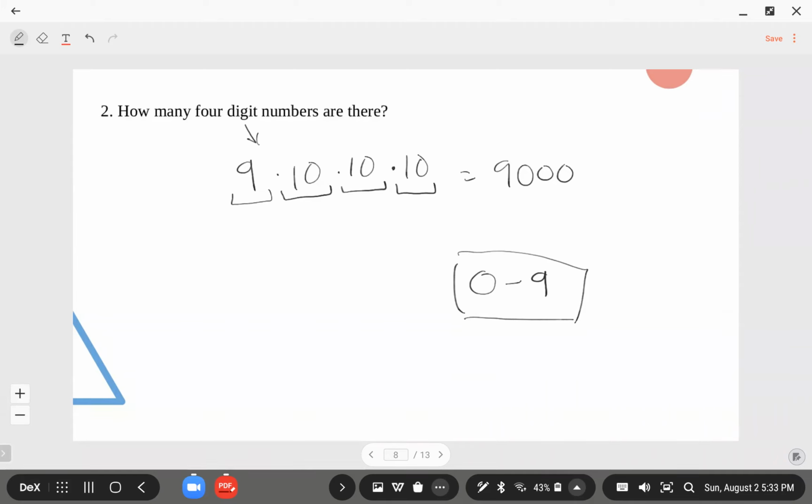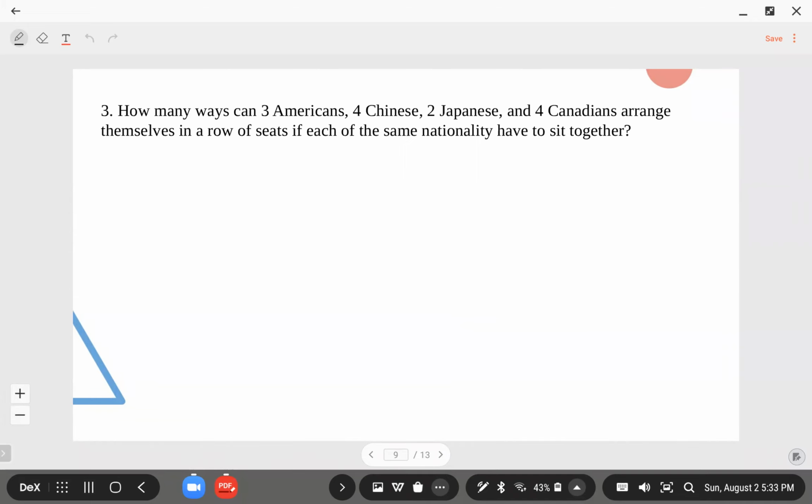Now we try something harder. Number 3 is, in how many ways can 3 Americans, 4 Chinese, 2 Japanese, and 4 Canadians arrange themselves in a row of seats if each of the same nationality have to sit together?